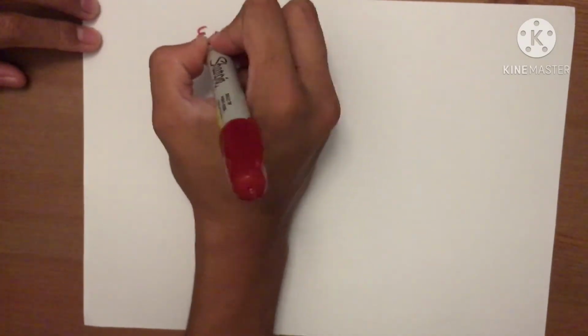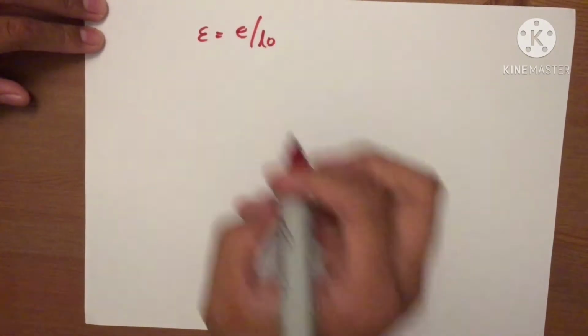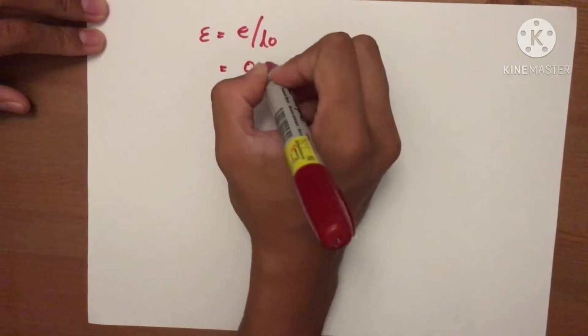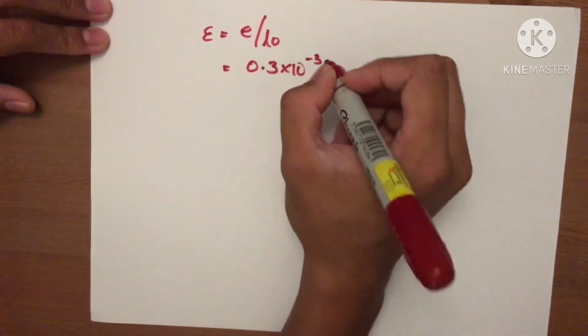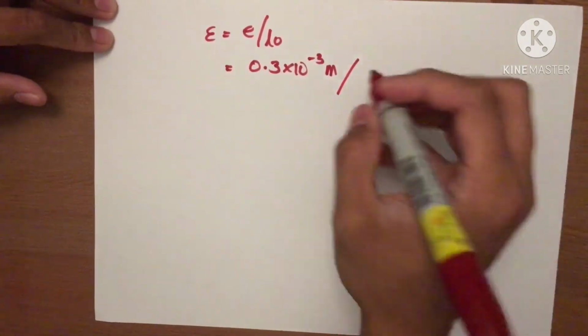The second question is asking for the strain. The formula for strain is the elongation E over the actual distance. The elongation we have is 0.3 millimeter, so we turn it to SI unit meter, over the actual distance of 2 meter long.